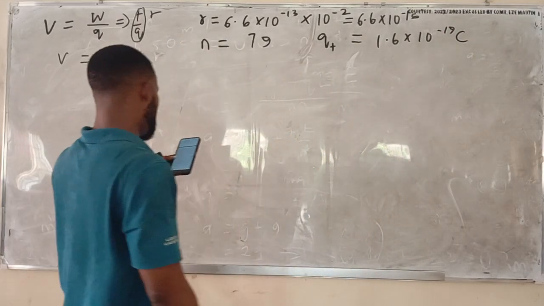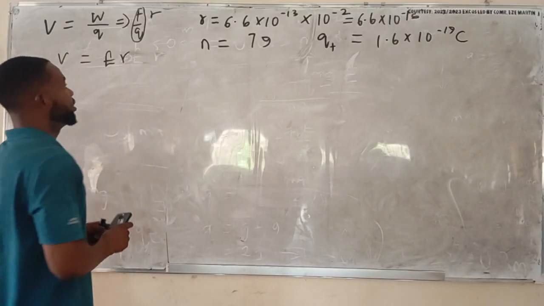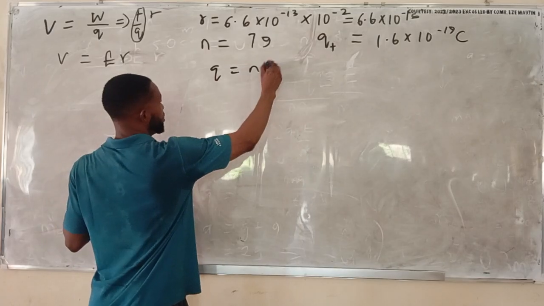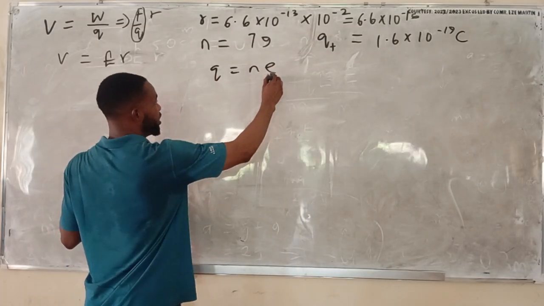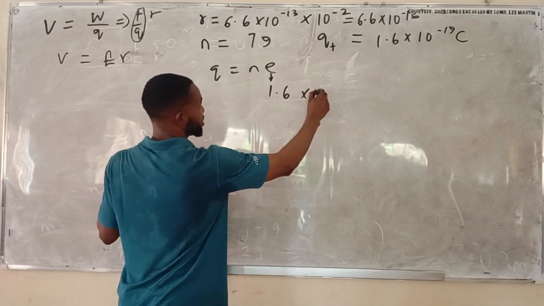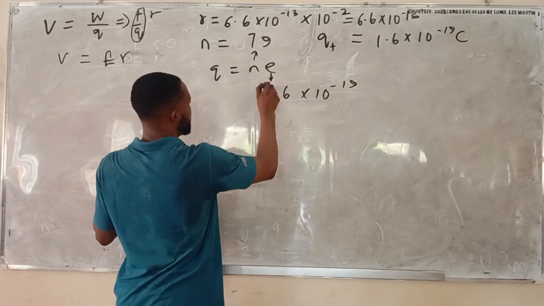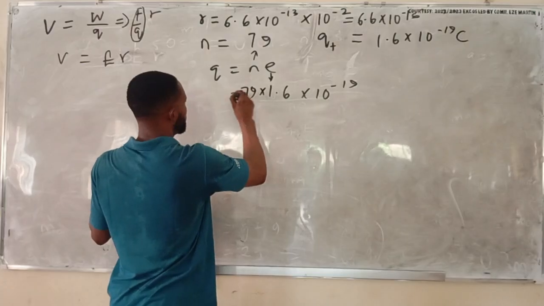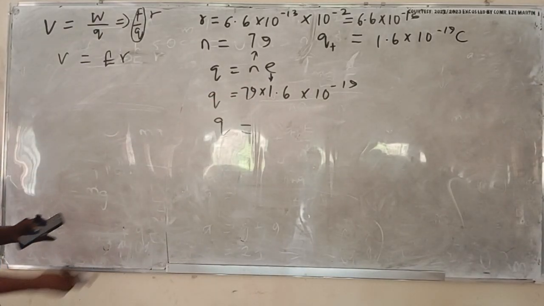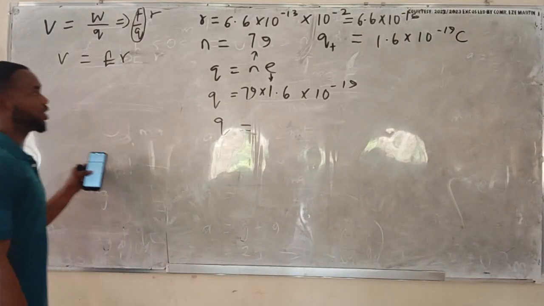But our goal is to find the potential. So what I just need to do is the same as saying Q equals Ne. But this E here is the proton charge. So I'm going to have 1.6 times 10 raised to the power minus 19. The N here is 79, and that gives Q. Somebody will ask, how are you getting Q again? Using what you have, you know what they want you to get.